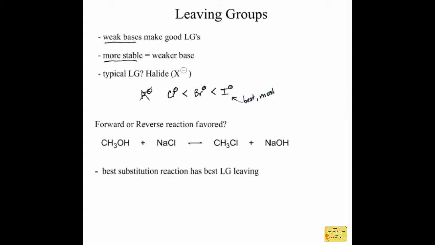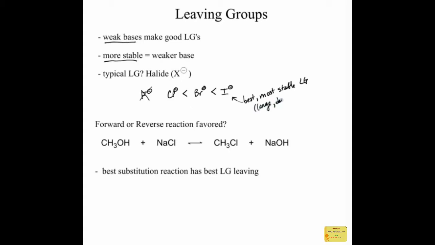Meaning it's the most stable leaving group. Why would a negative charge be more stable on an iodine than a chlorine? What's the difference between chlorine and bromine and iodine? You get bigger and bigger and bigger. So the iodide, remember, is larger, and so that negative charge is more delocalized on the larger surface area.